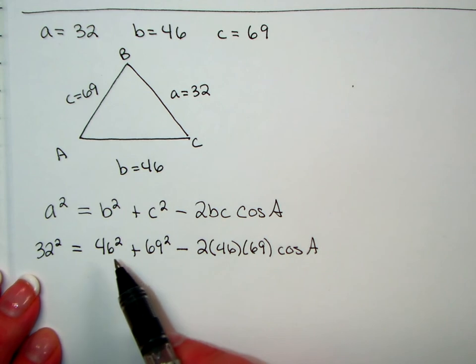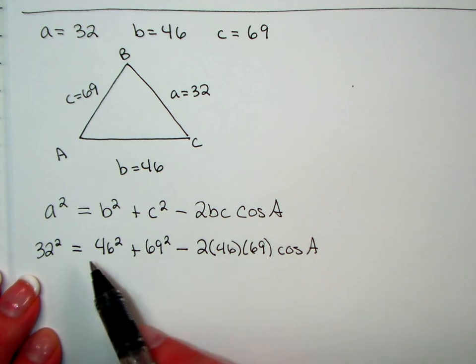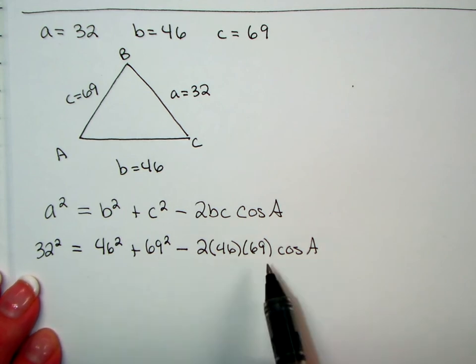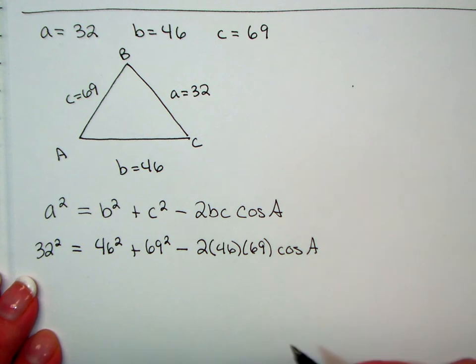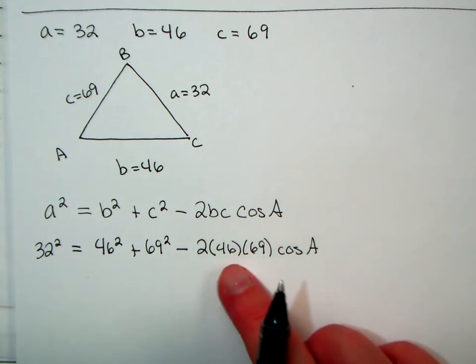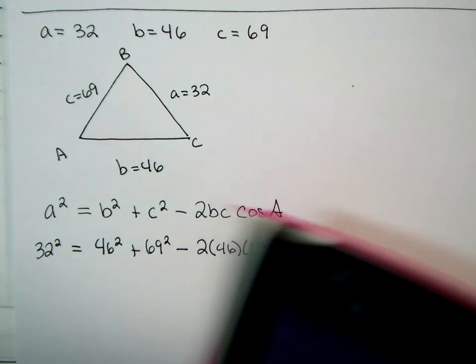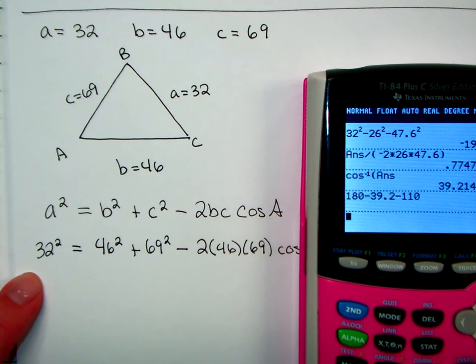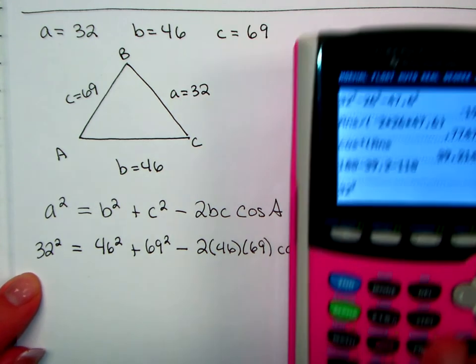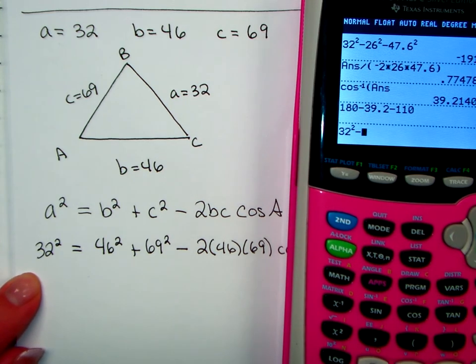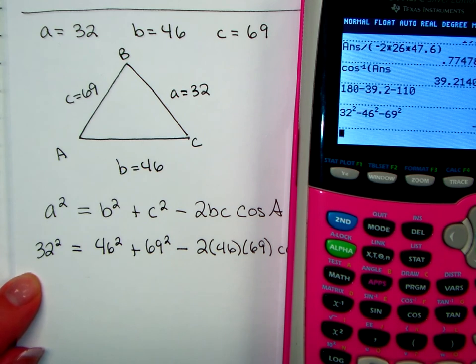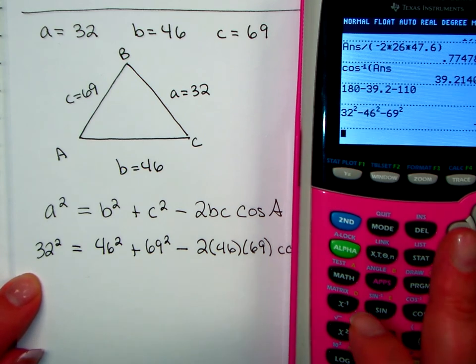I like to subtract the constants first and then divide by the negative 2 times b times c. So I'm going to go ahead and do that on the calculator. All right. 32 squared minus 46 squared minus 69 squared is negative 5853.